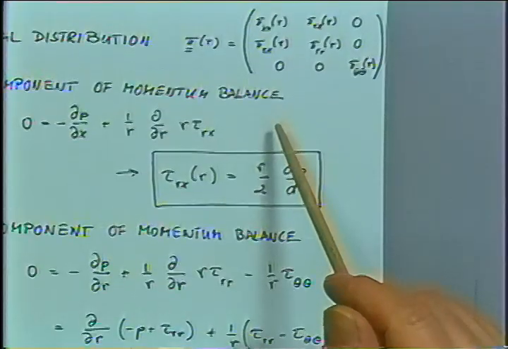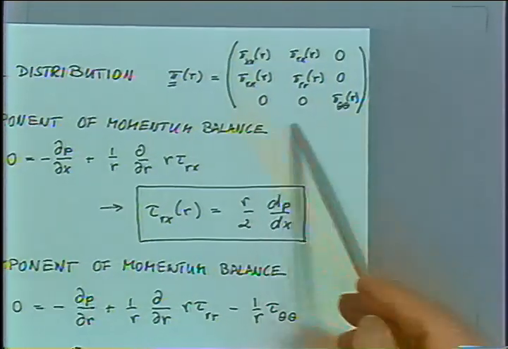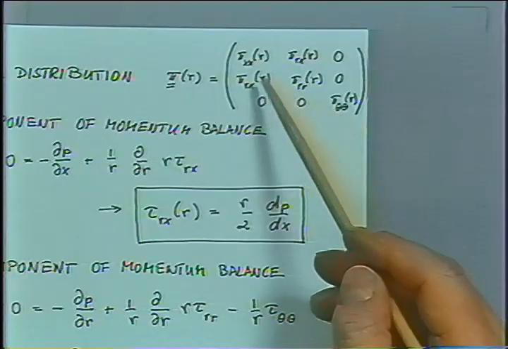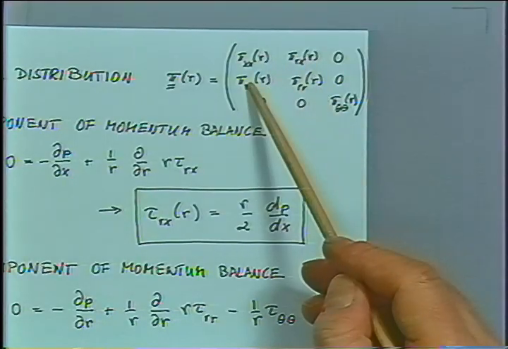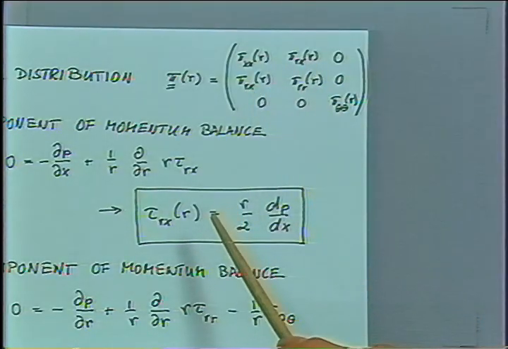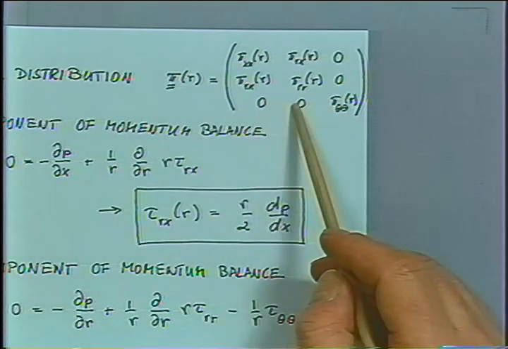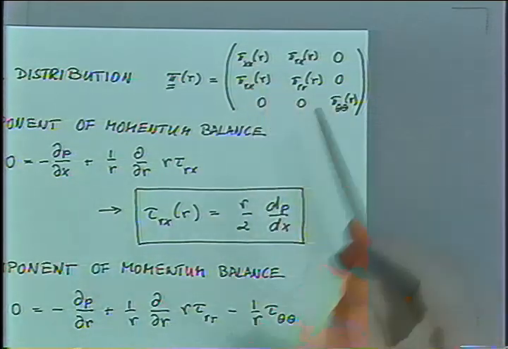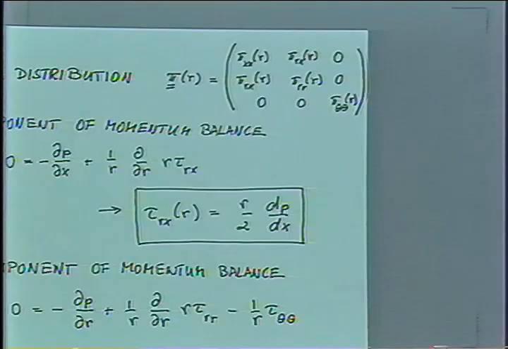Well, it's not really 9 due to symmetry. The unknowns reduce to 6. The off-diagonals are equal, and we're looking at a plane stress situation. So those are 0, and we're really looking for 1, 2, 3, 4 stress components, and we would like to know all of them as a function of the radius.